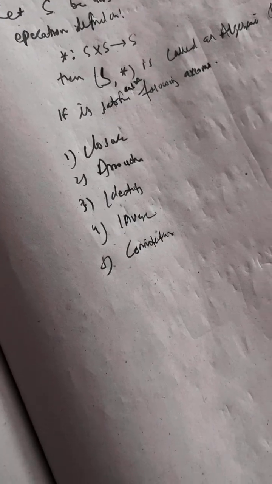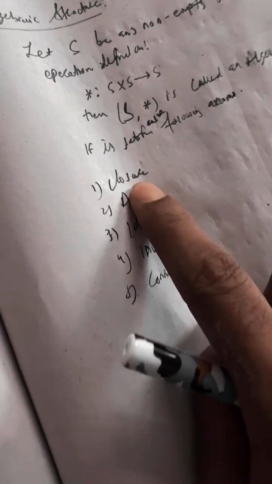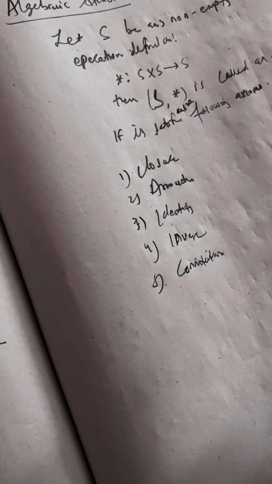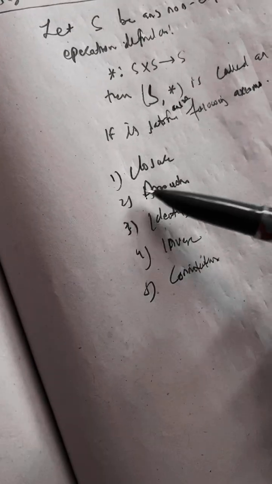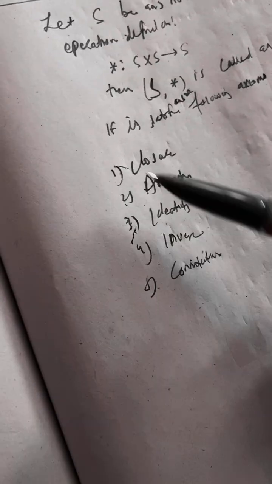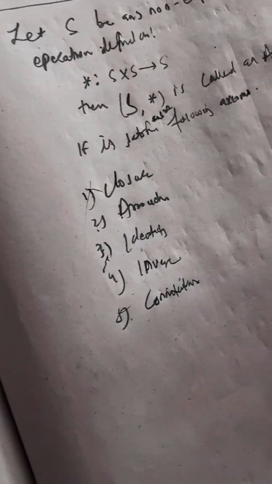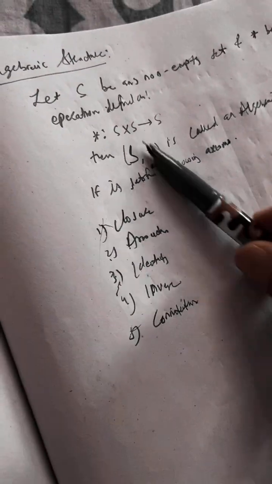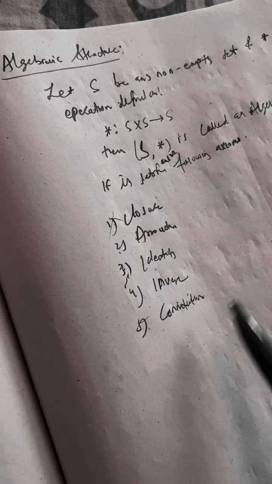No, we saw it. If it satisfies only closure, it becomes a magma. If it satisfies 1 and 2, it becomes a semi-group. If it satisfies 1, 2, 3, it is called a monoid. If all these four, group. If all these five, Abelian group, commutative group, right? So algebraic structure is this one.